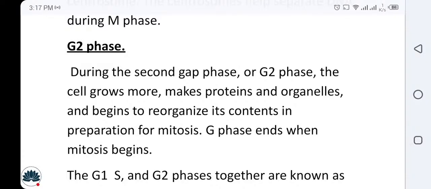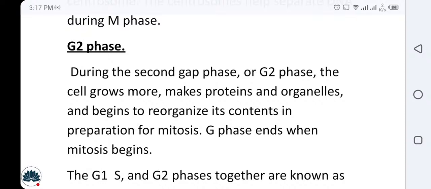In G2 phase, the second gap phase, the cell grows more, makes proteins and organelles, and begins to reorganize its contents in preparation for mitosis. G2 phase ends when mitosis begins. It is the last stage of interphase. Alright, so G1, S and G2 are the phases of interphase.